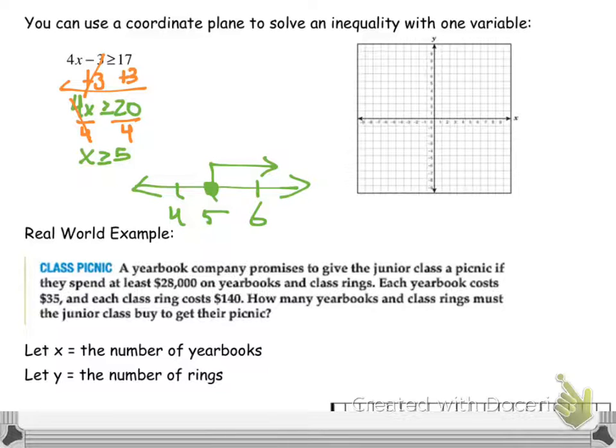But when we're dealing with an xy coordinate plane, how do we graph x is greater than or equal to 5? Now, if we remember from chapter 4 and a little bit even before that, when you have x equals a number, this was a vertical line, right?